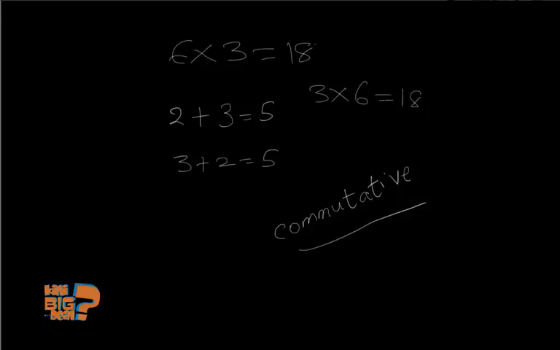When it comes to exponentials or exponents or indices, you don't have that luxury. You really have to be careful, because 2 raised to power 3 is 2 multiplied by itself 3 times, which is 2 times 2, 4. 4 times 2, 8.